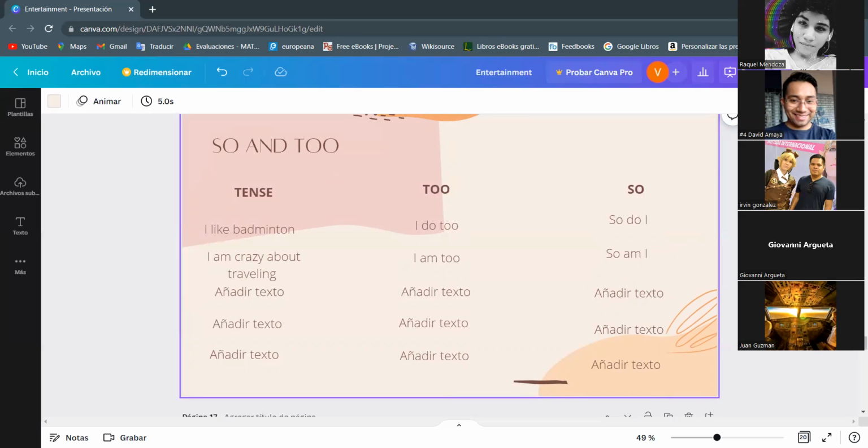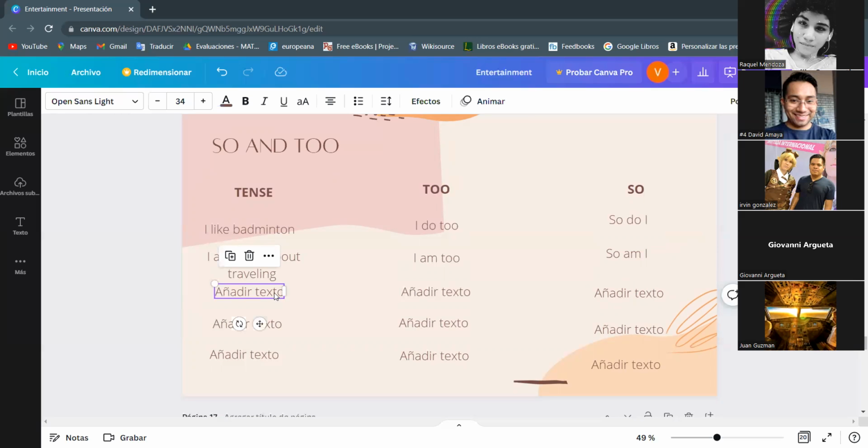This can be used with different tenses. So let's see. For example, Raquel was saying that she watched Naruto.